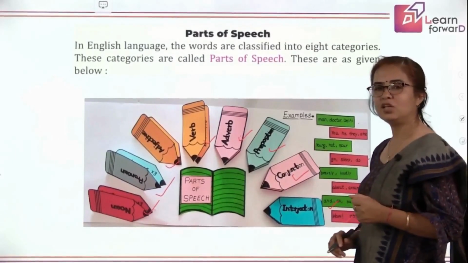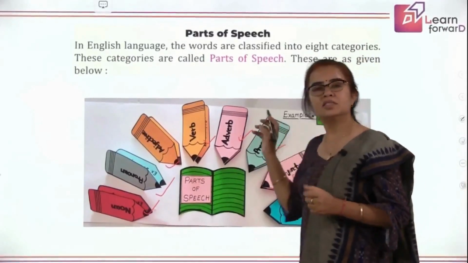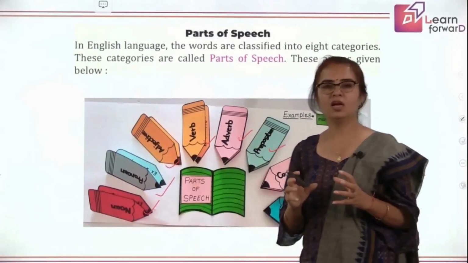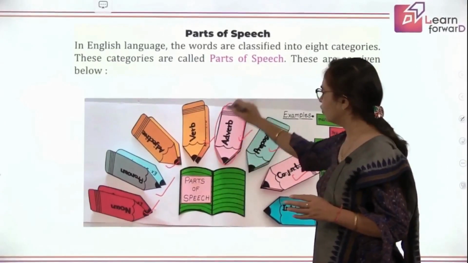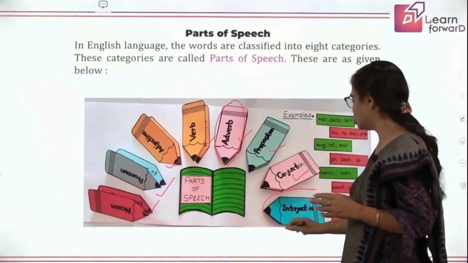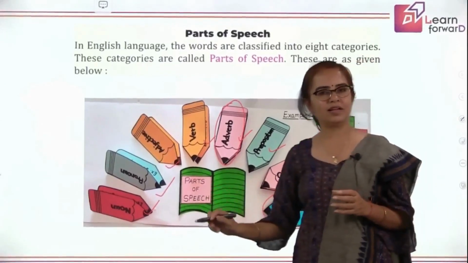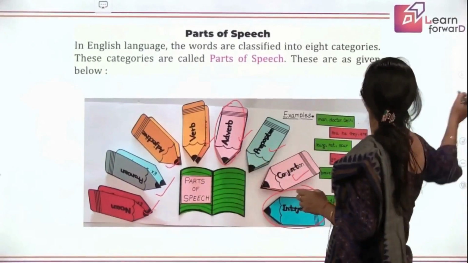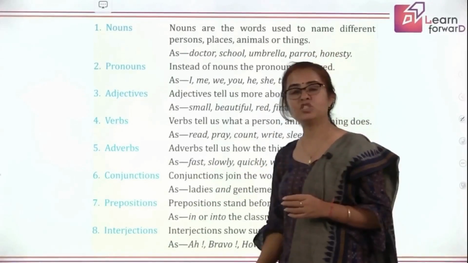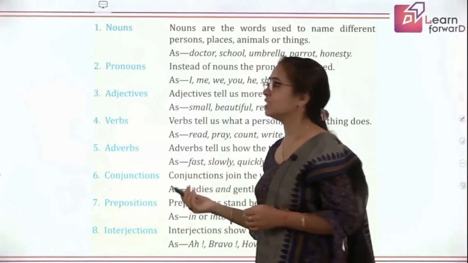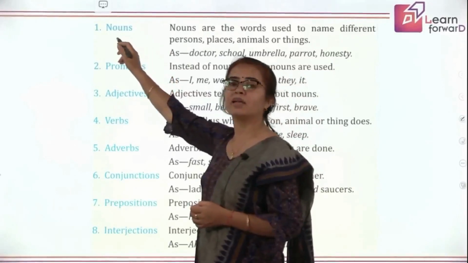And I think you have learned something, some little about each one of them except adverbs and interjections, which we'll be learning ahead now. Let's know in brief about these different parts of speech that we'll be doing in detail later. The first part is the nouns.